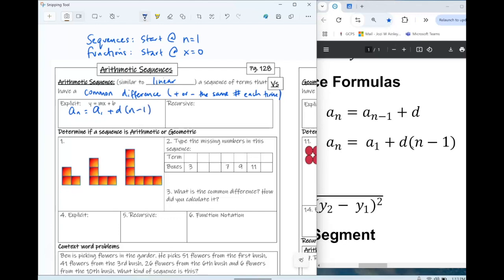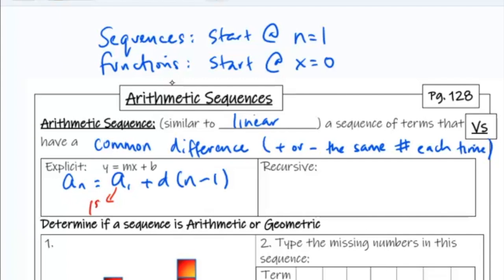We're going to quickly recap what each of those things means. a sub 1 is going to be your first term. d is going to be your common difference, or your constant rate. That way you know both. And n is just the number of terms.